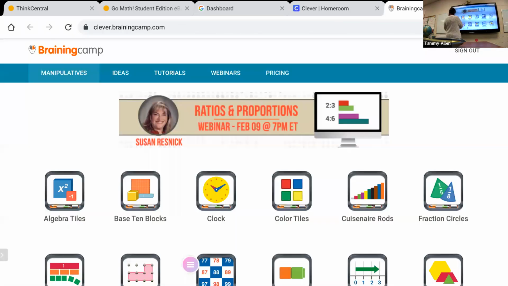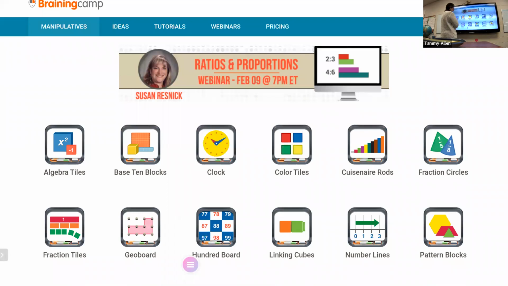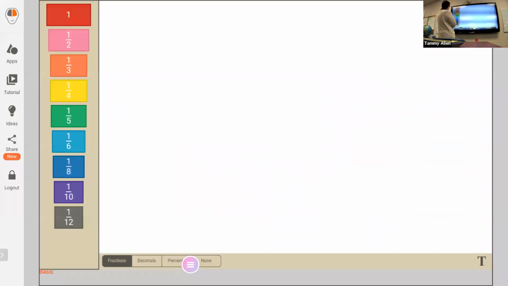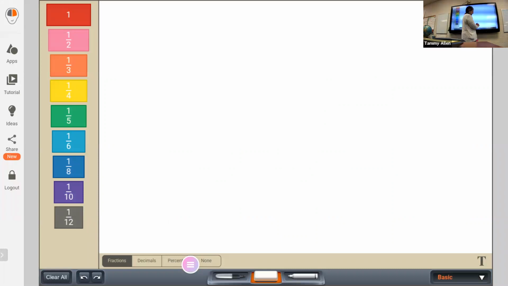We want to go with our fraction types today. Here we go. Let's see if we can pull this one off. You do know this is all new to me, right? All right.